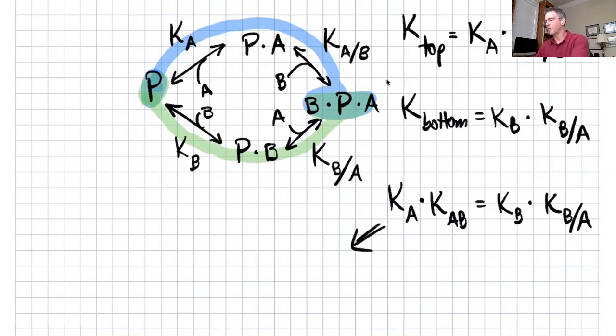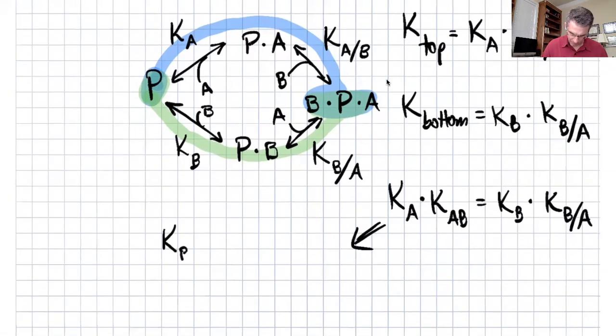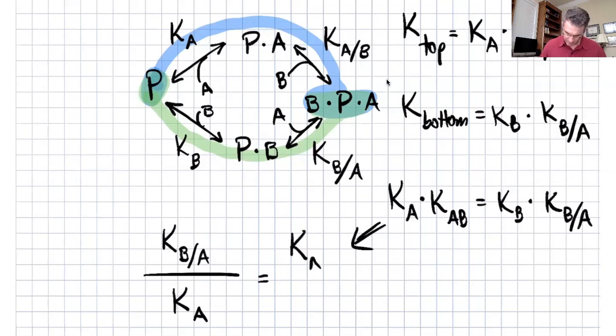I can rearrange that expression and the following ratios have to hold: if I took the equilibrium constant for the binding of A, assuming B is already on the protein, and divided it by the binding constant for A to the unliganded molecule, that must equal the equilibrium constant of B, assuming A is already on the molecule, divided by the equilibrium constant of B binding to the protein alone.